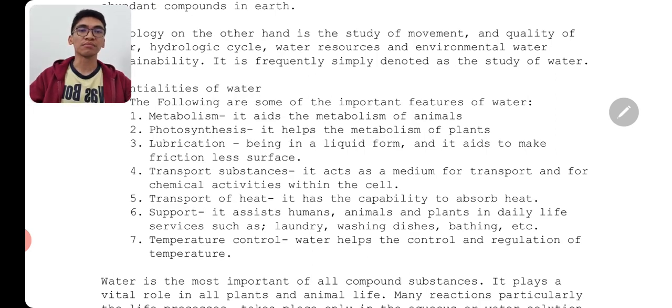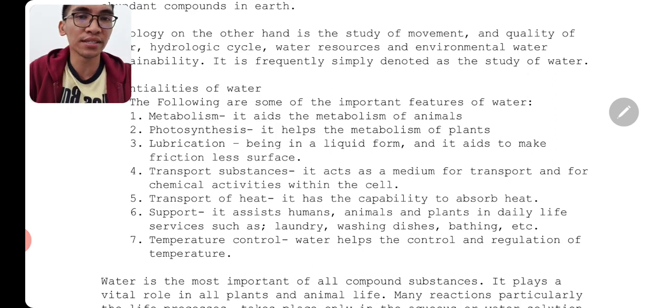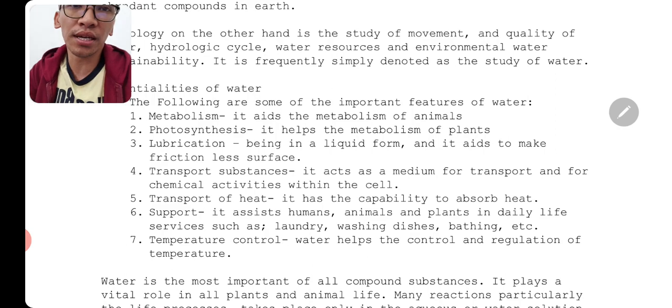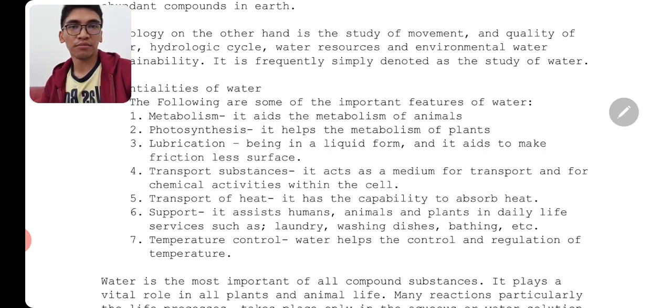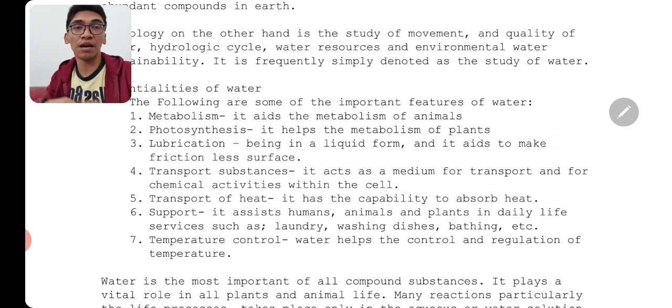Ano yung cooling system natin? Is it the air cooling system or the water cooling system? Dalawa yung options natin. So, in most of the four wheels or yung mga malalaking sasakyan, they have this cooling system na ang gamit nila, water cooling system. So, transport of heat, it has the capability to absorb heat.